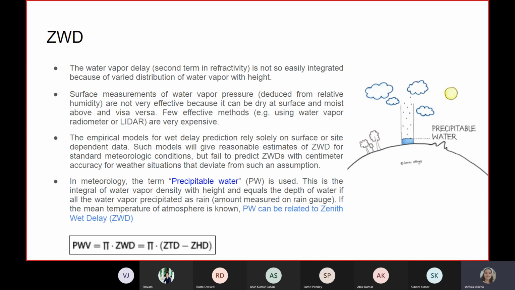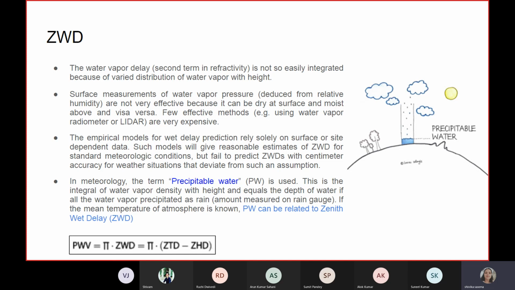Here we are introducing a term known as precipitable water vapor, or precipitable water. There are many terms depicting this phenomenon: precipitable water vapor, integrated water vapor.